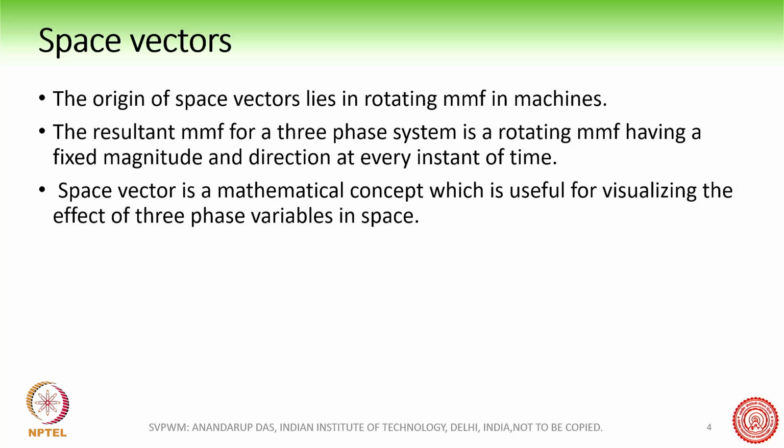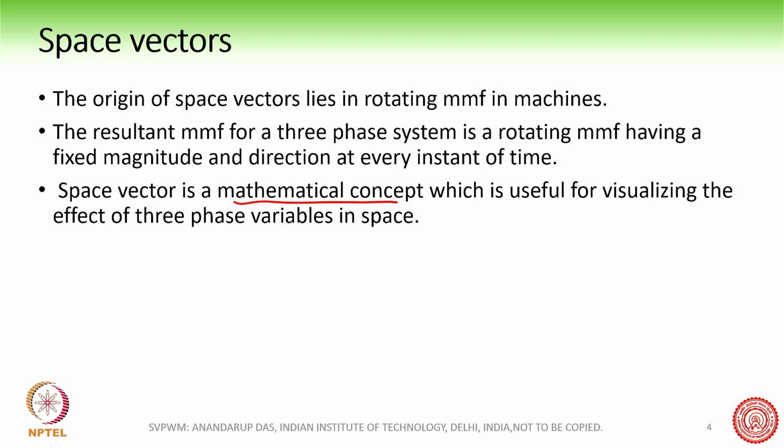However, the difference between the space vector and the MMF concept in induction motors is that the space vector is a mathematical concept. Of course, when you talk about space vectors, it is very useful to visualize it, and that visualization can be obtained from the rotating MMF concept.